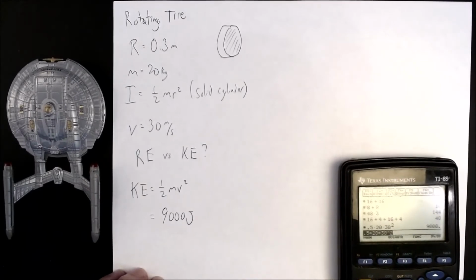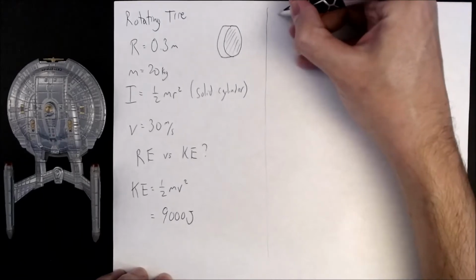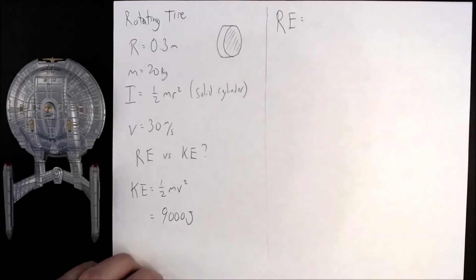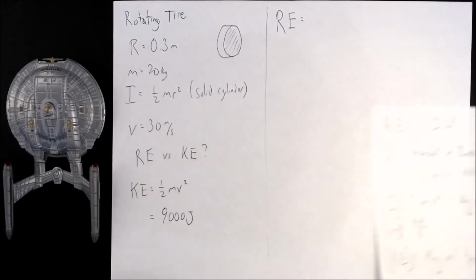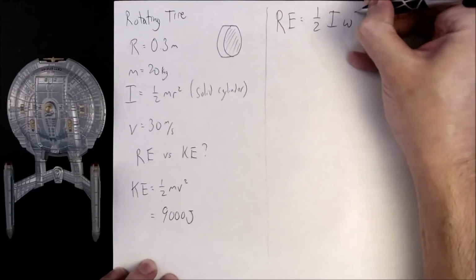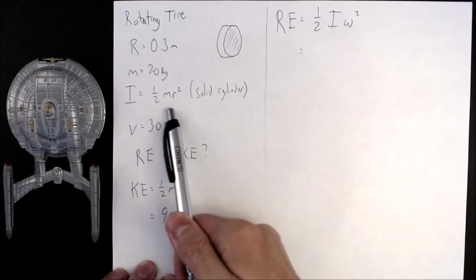Okay, well, let's do it again for the rotational energy, with the equation that we had from before, 1/2 I omega squared. I told you that this is a solid cylinder.